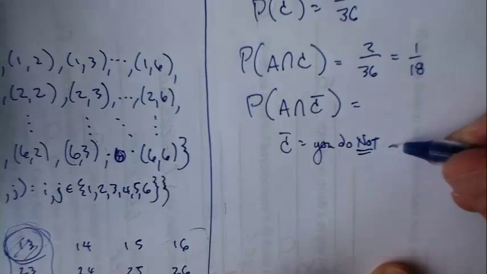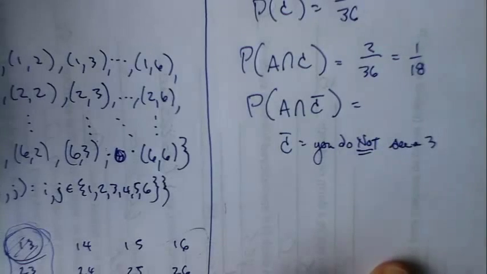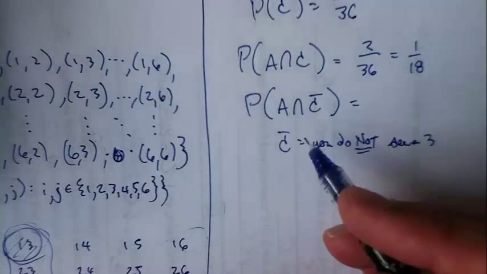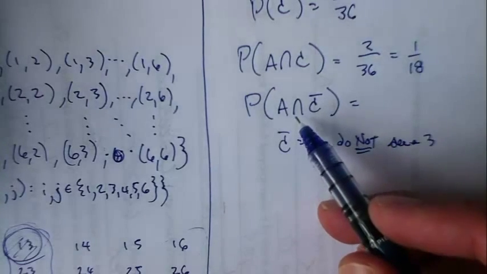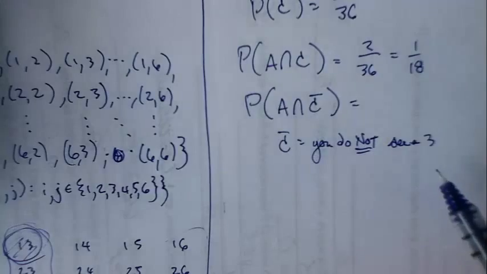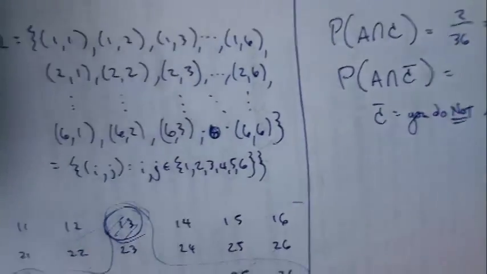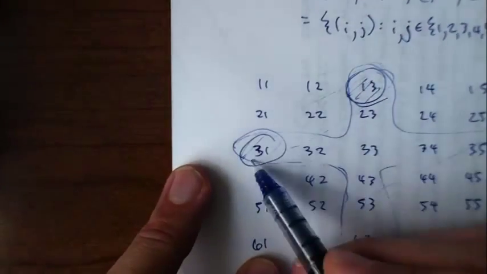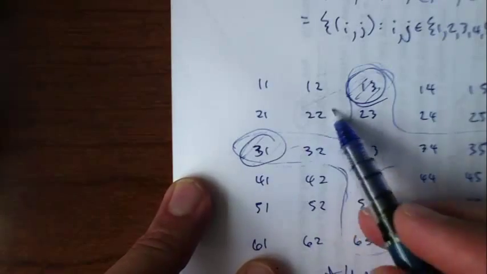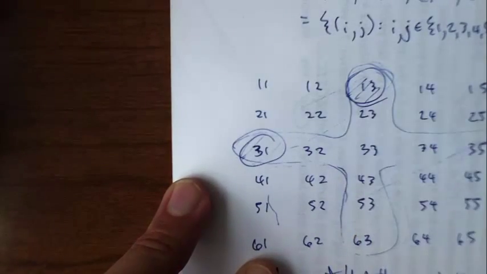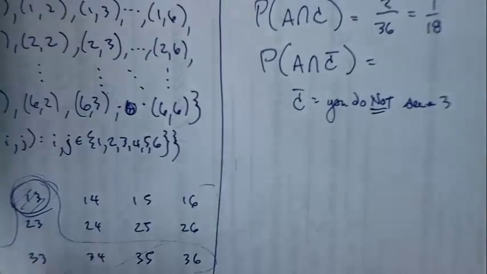You do not see a 3 at all. Okay? So this is the chance that I get a sum of 4 and I do not see a 3. It's this one right here. That's the only way to do that. So it's 1 way out of 36.